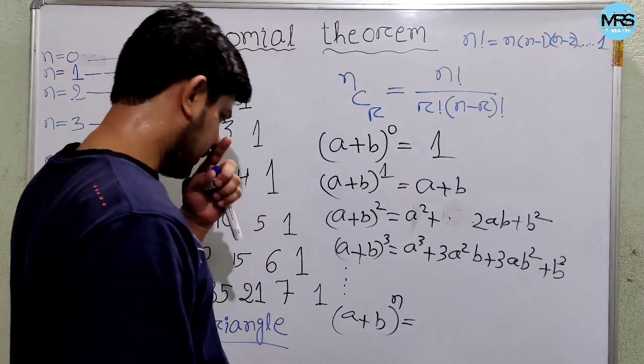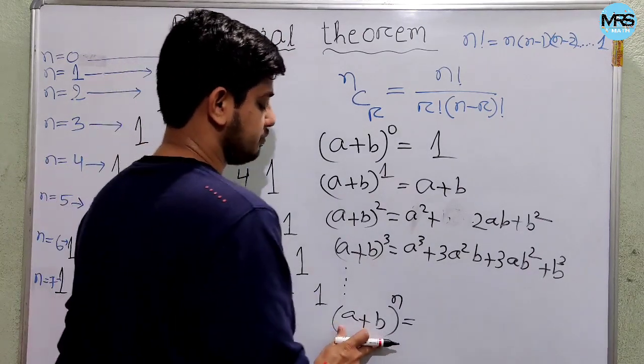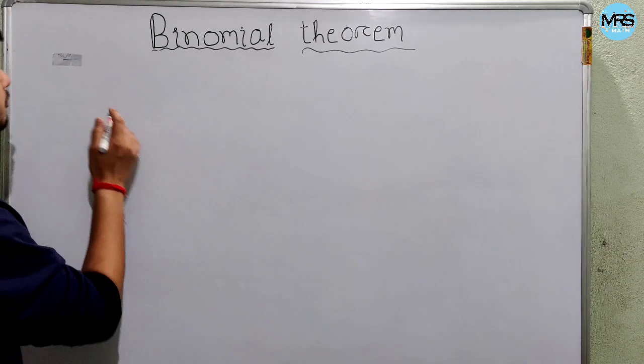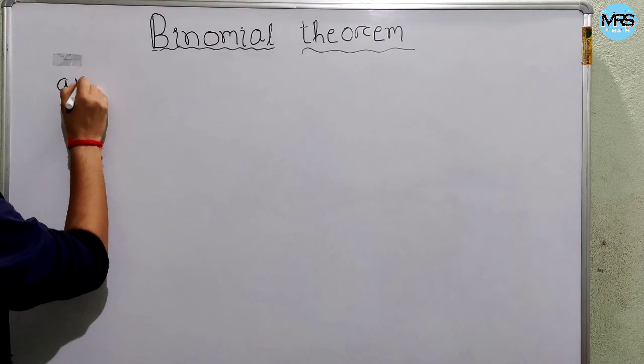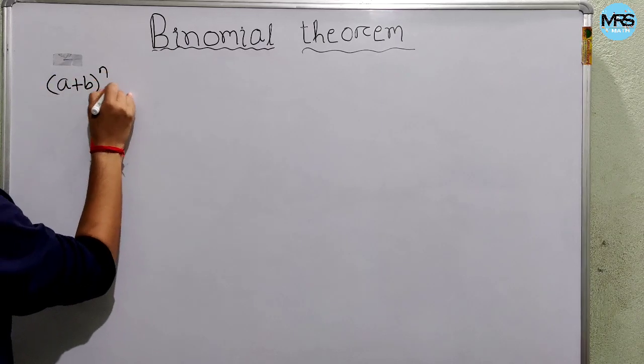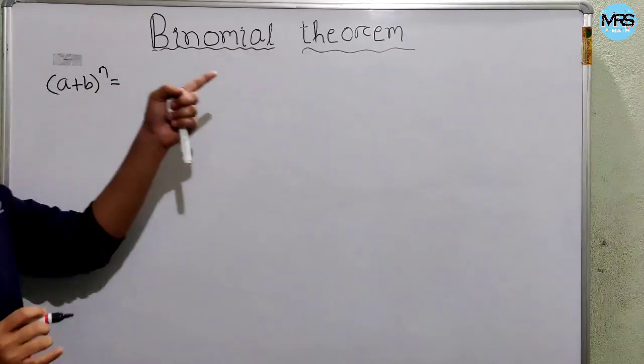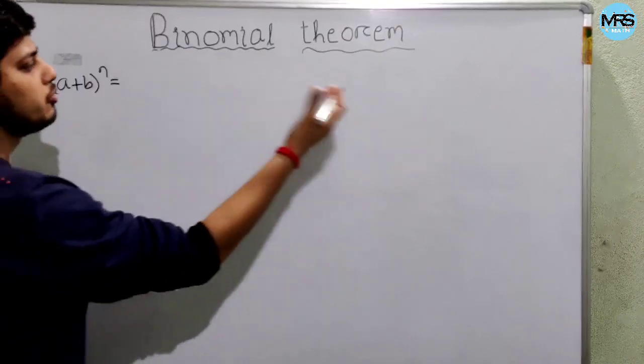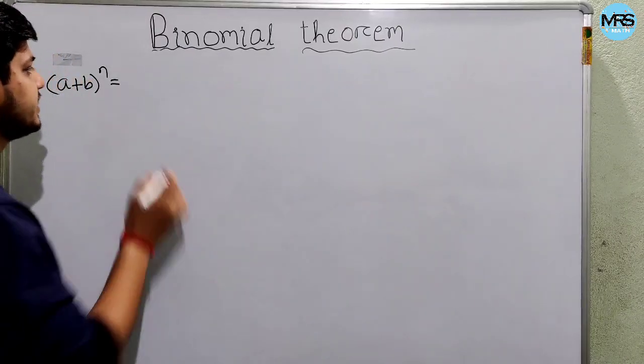So if you write this a plus b to the power n, what will you get? So come to this side, that is a plus b whole to the power n. For n we are going to write the formula of the binomial theorem, right. So first of all we will complete the coefficients, right.